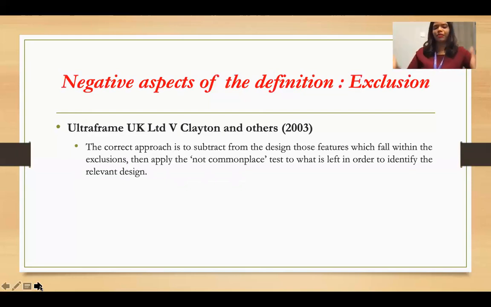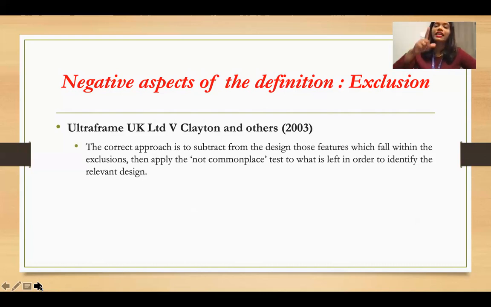Once you have explained all this, design, originality, commonplace, and design field, finally you must make sure that the design you are trying to register does not fall within the exclusion.